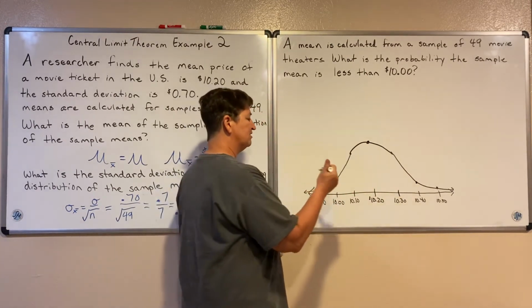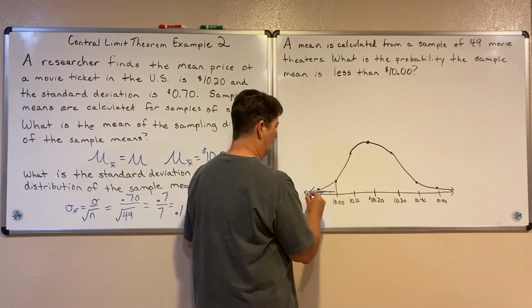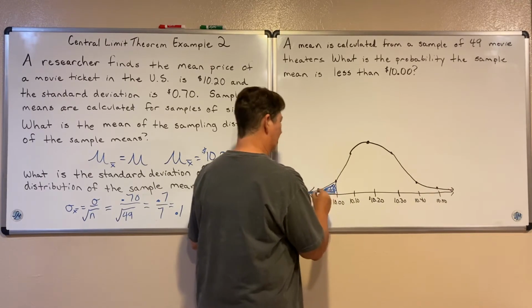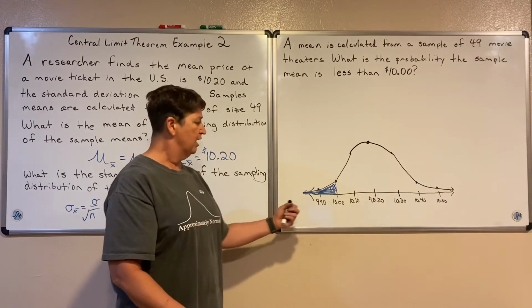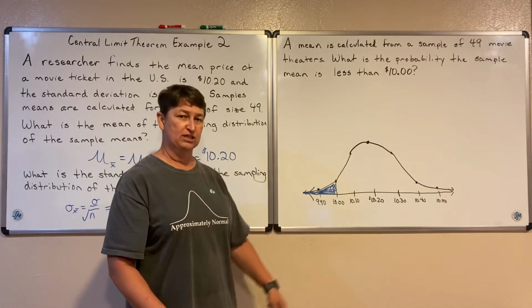We want to know what's the probability that it's going to be $10 or less. So we're looking for this area under the curve. We're looking for that probability. How much of the area under the curve is there below $10?